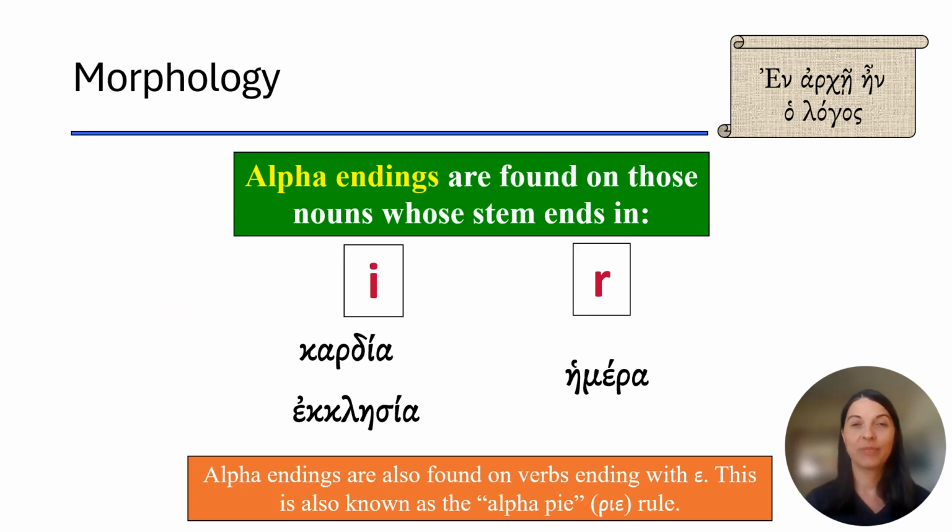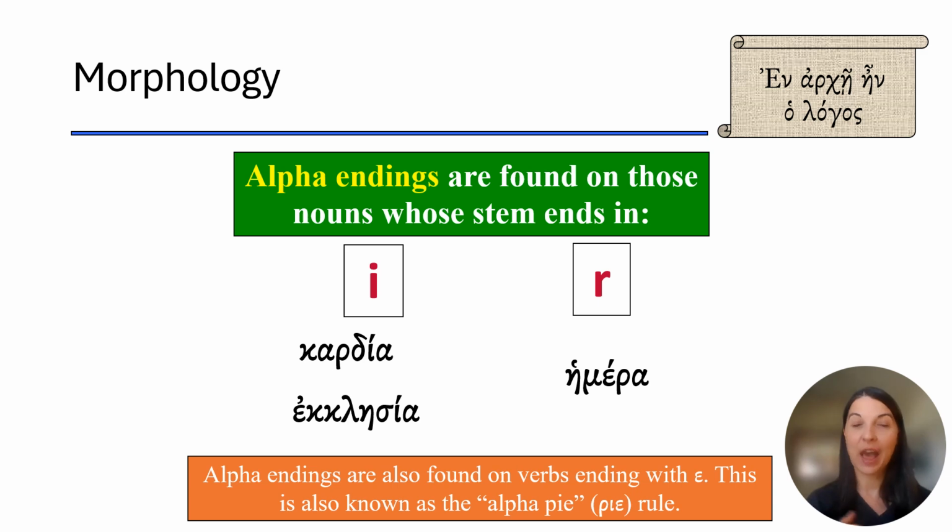For the most part, if a first declension noun ends in an eta, it's going to use the eta pattern. If a first declension noun ends in an alpha, it's going to use the alpha pattern. However, there are some words that end with an alpha that use the eta pattern. And you'll need to know that alpha pattern will be used anytime that their stem ends in an iota, an epsilon, or a rho.